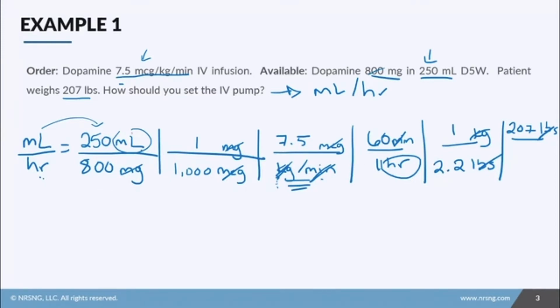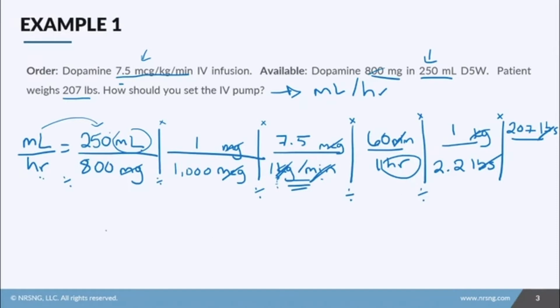You're going to multiply across the top, divide across the bottom. 250 times 1 times 7.5 times 60 times 1 times 207 divided by 800 divided by 1,000 divided by 1, these are your hypothetical ones, divided by 1, divided by 2.2.